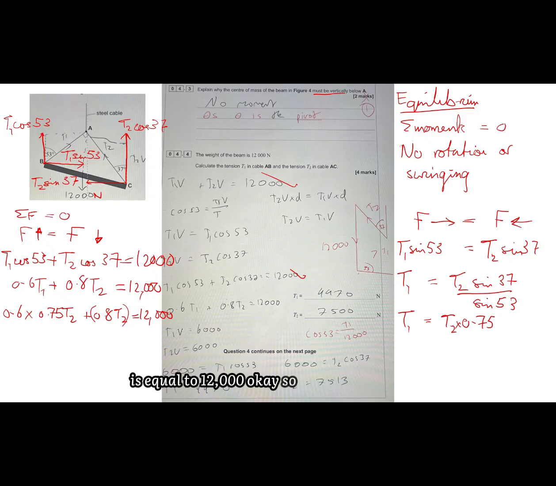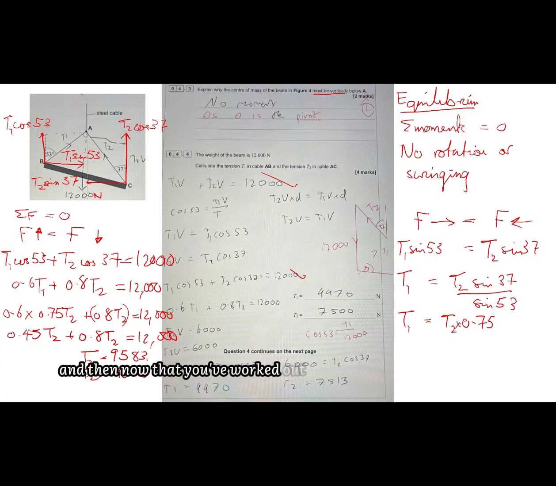So 0.6 times 0.75 is 0.45. That's 0.45 T2 plus 0.8 T2 equals 12,000. Add 0.8 to that, then 12,000 divided by the answer, so T2 is 9,583 point something. So T2 is 9,600 newtons.